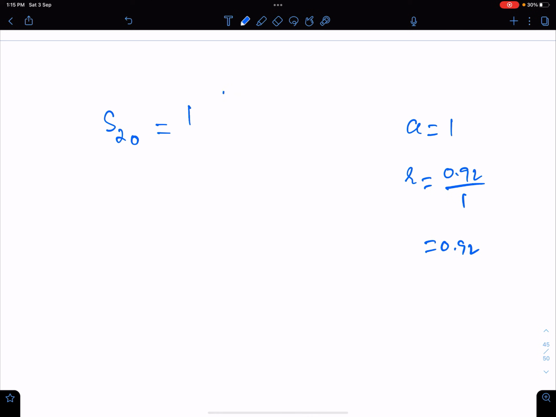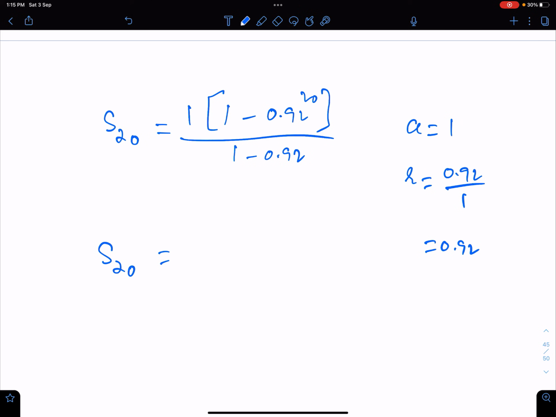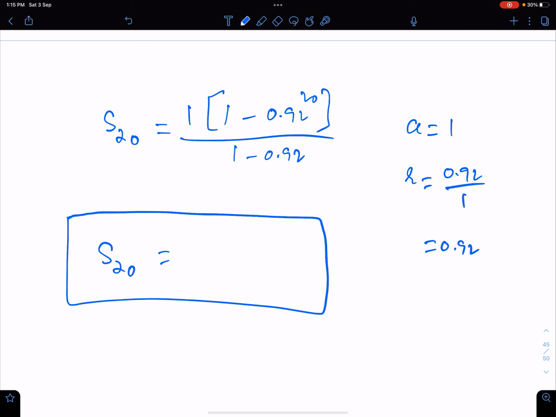So S20 is (1 minus 0.92 to the power 20) over (1 minus 0.92). You have to check this yourself, S20.